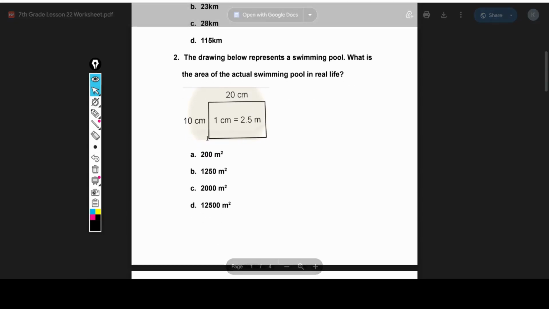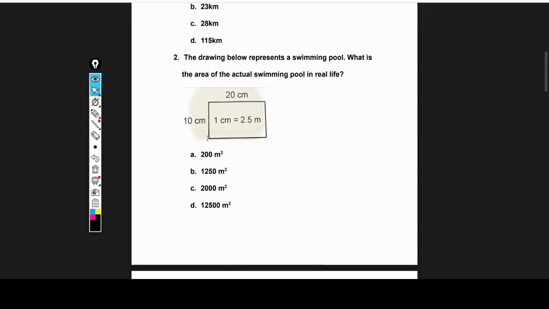For our next problem, we have the swimming pool drawing. We want to find the area of the swimming pool in real life if every centimeter is equal to 2.5 meters. So in this case, we're going to do a similar thing as last time. The area is 20 centimeters by 10 centimeters if there was no scale factor, but there is a scale factor.